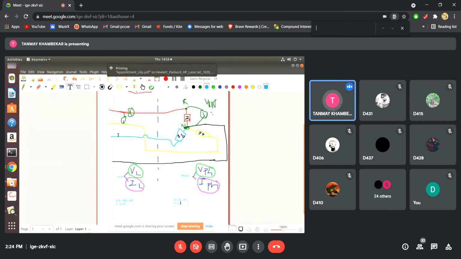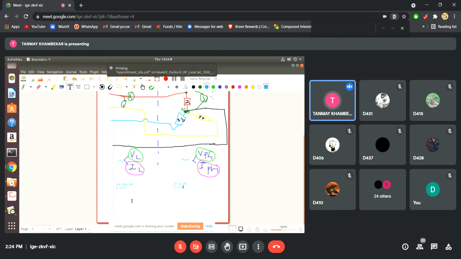Similarly, in B, whatever is the current flowing in the line, the same will flow in the phase. So what relation can you conclude between line and phase quantity in case of star? I can say that line current is equal to phase current. Can I say this? Currents are same, no? Whatever is the current in the line, same is in the phase.